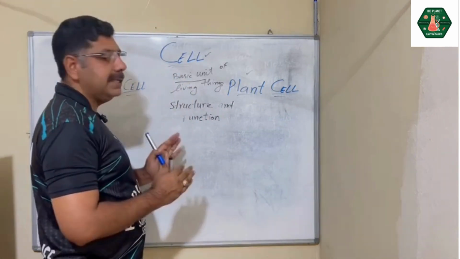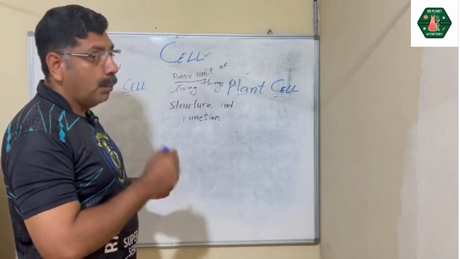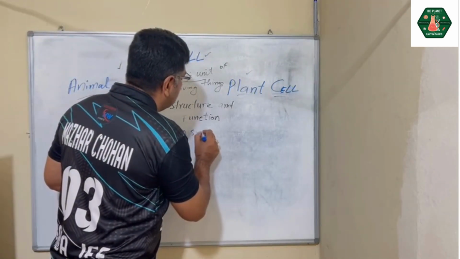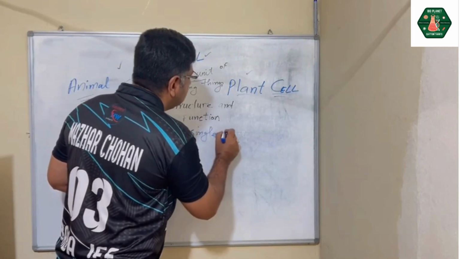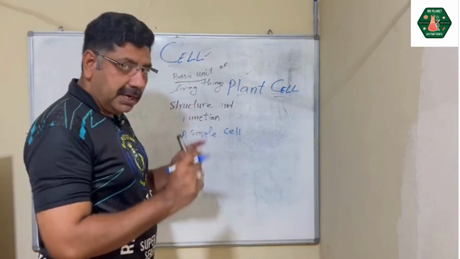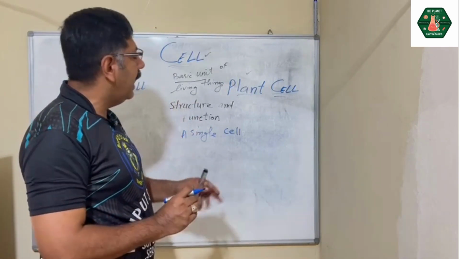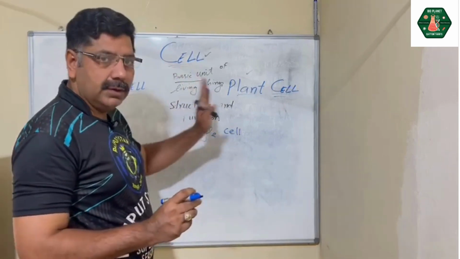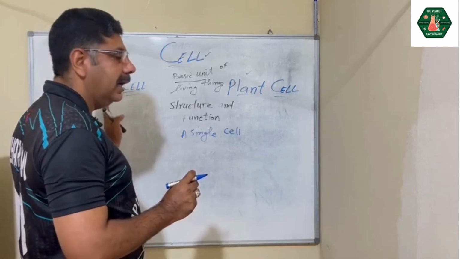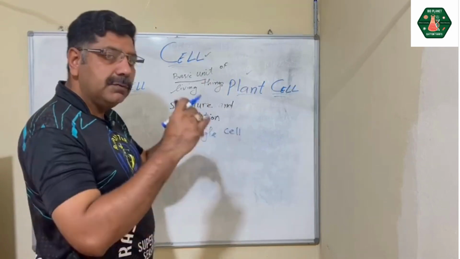Once we say basic unit of structure and function, so when we study a single cell, its structure and functions will be the same as the structures of a living organism or the structure of an animal or a plant. Function will be the same.